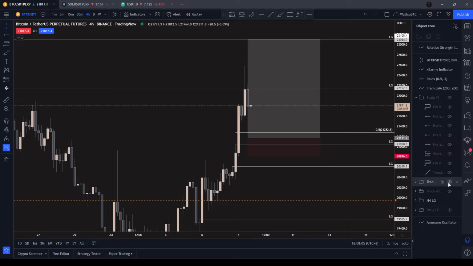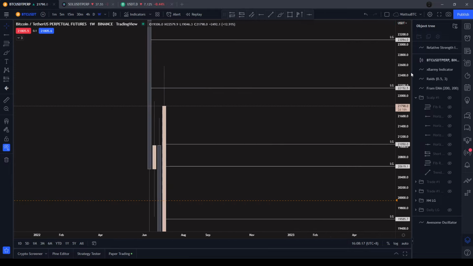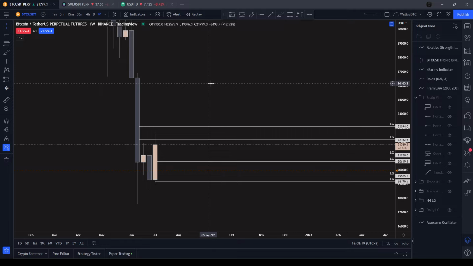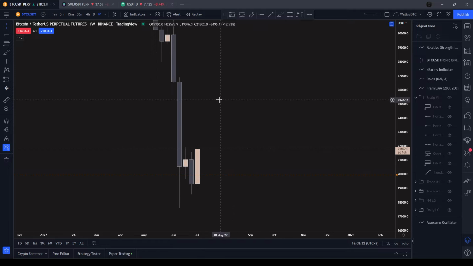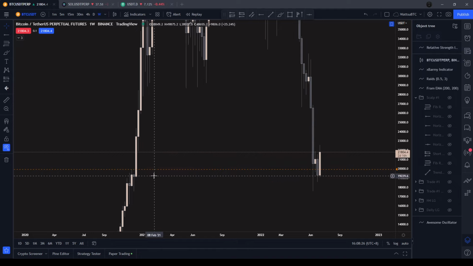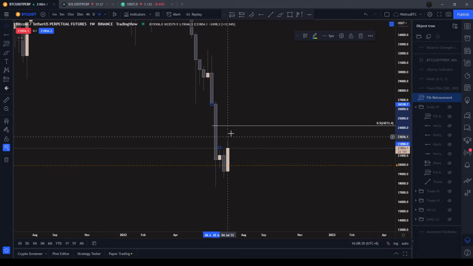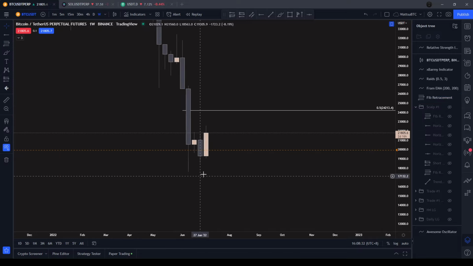Just take note that short-term wise we are bullish, and macro wise we are still bearish. On the weekly, it's still pretty much bearish. We took this liquidity gap right here, then you see that we are going to rebalance the price.